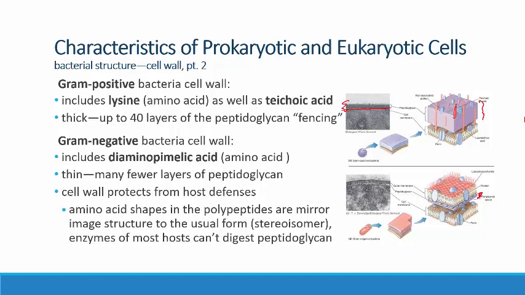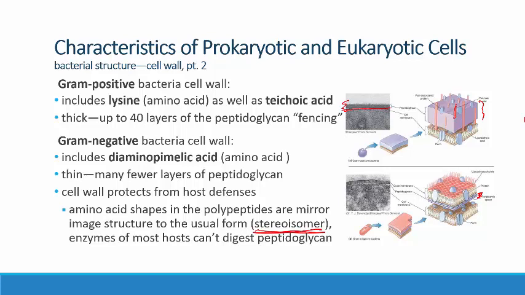The cell wall in gram-negative bacteria really helps to protect the bacterium from host defenses, because the amino acids found in the polypeptides of the cell wall are mirror images of the usual forms. We talk about these mirror images as stereoisomers.